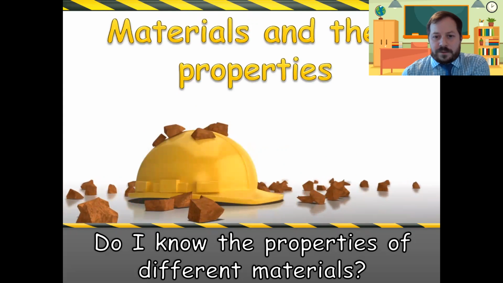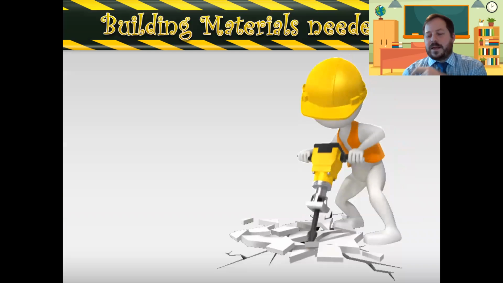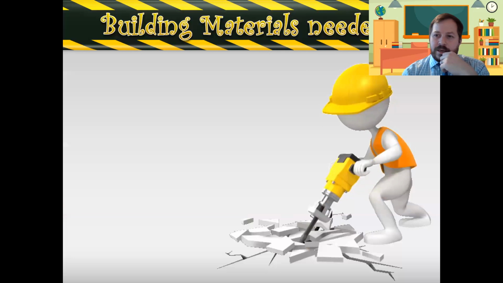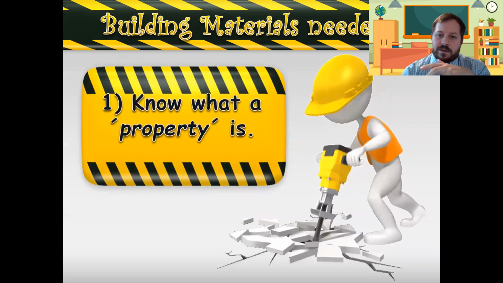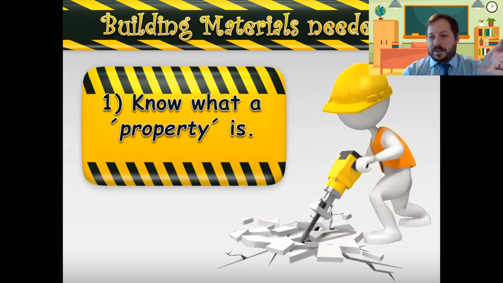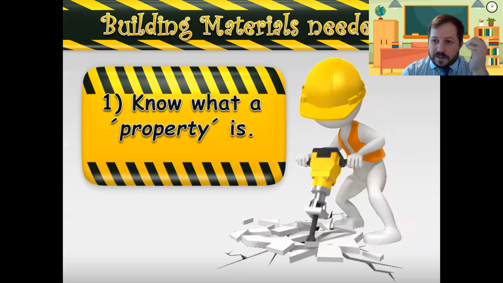So again, let's think about what we might need to think about in today's lesson and where we're going with this. Firstly, we need to know what a property is. What is a property of something?